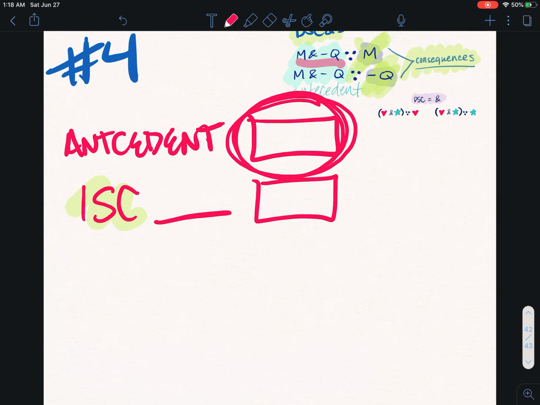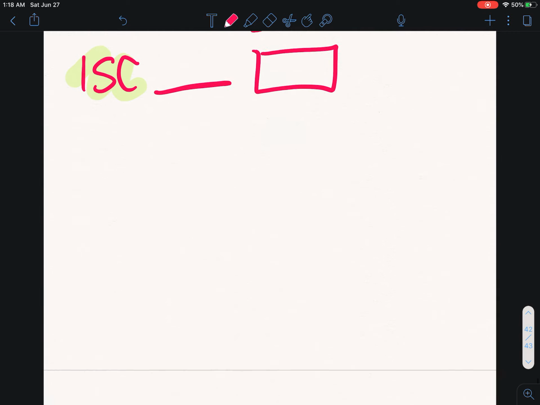So this is made by the answer to question 3 together with the unused consequence. So I'm going to rephrase the question. And I'm going to tell you in a different way what it's asking. Okay?